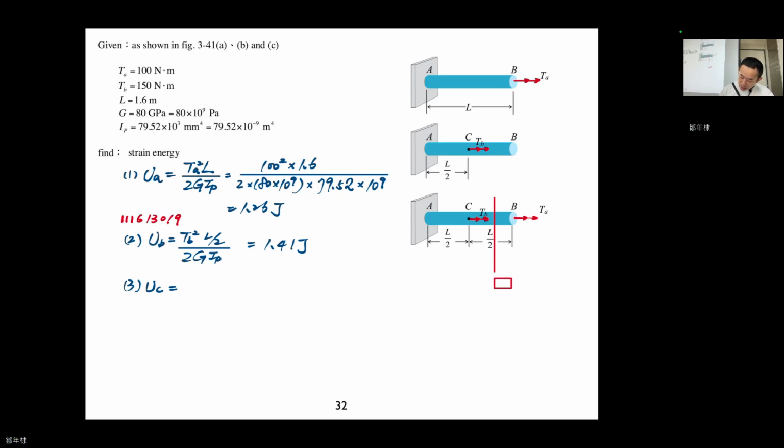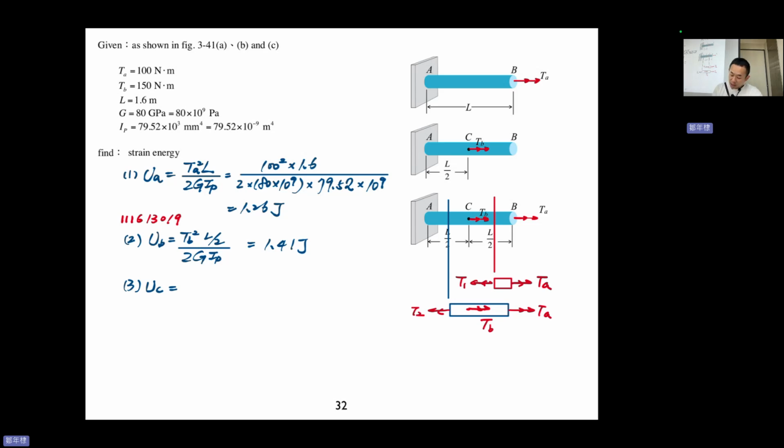And because of the second part, we have TA, and this is T1, and this is TA, and this is TB, and this is T2.